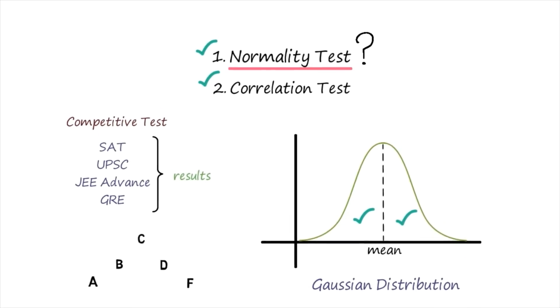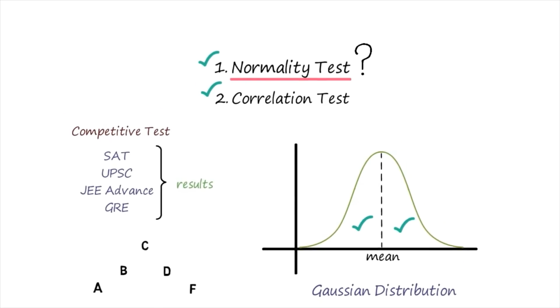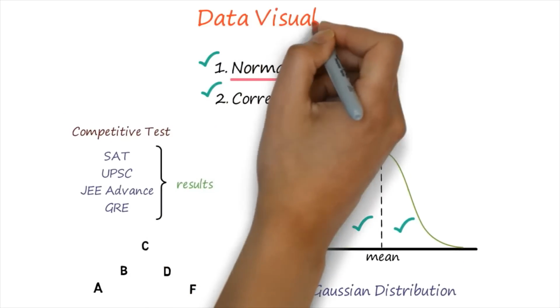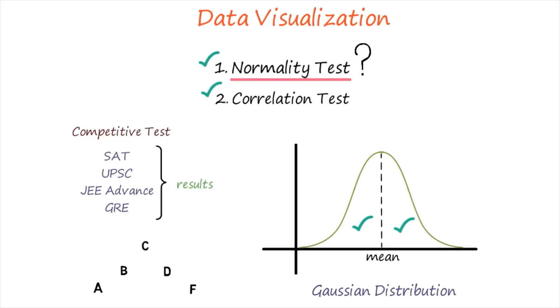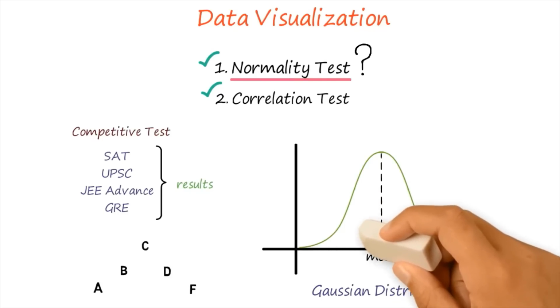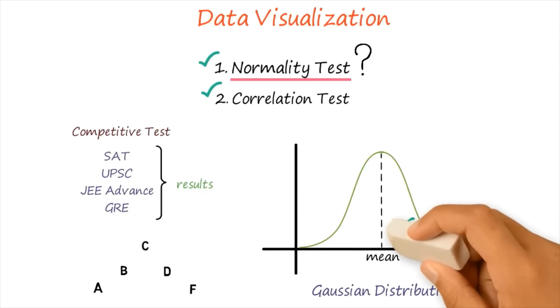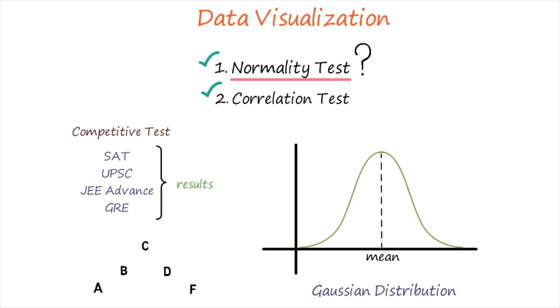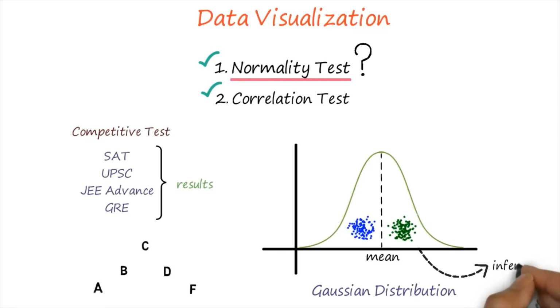So basically, whenever we are performing data visualization, the first thing we have to realize is how the data samples we have are distributed, and our basic expectation is that the data should be distributed normally so that we could infer something.